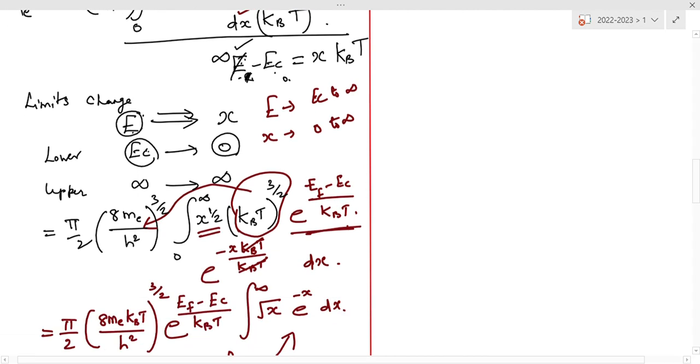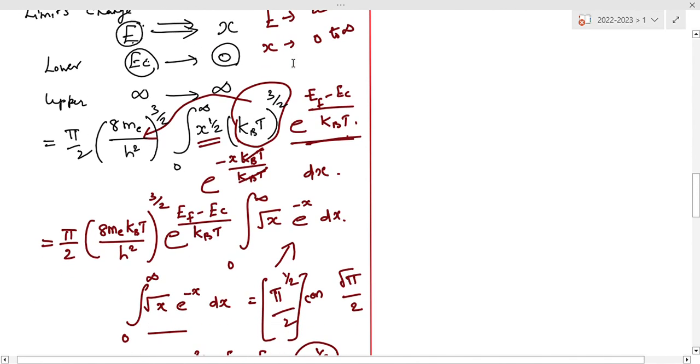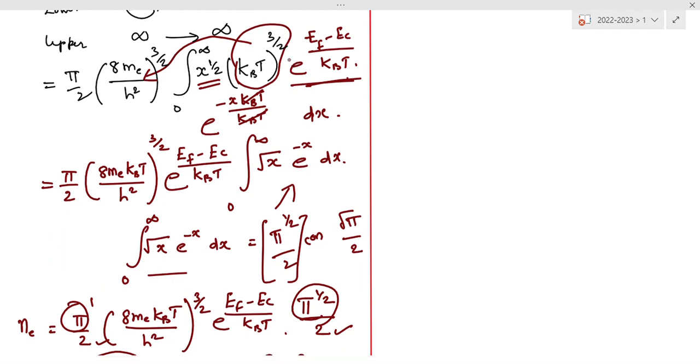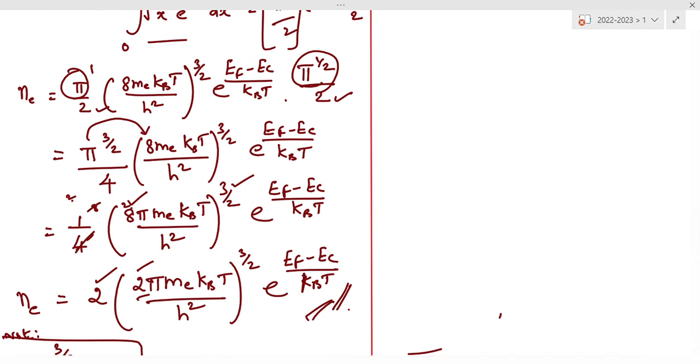So substituting this and rearranging, consolidating, simplifying, we arrived at this equation, and the integral value can be replaced by root pi by 2, or pi power half by 2, and then consolidating, we arrived at the number of electrons in the conduction band is equal to 2 into (2 pi me kBT by h square) the whole power 3 by 2 e power (EF minus EC) by kBT.